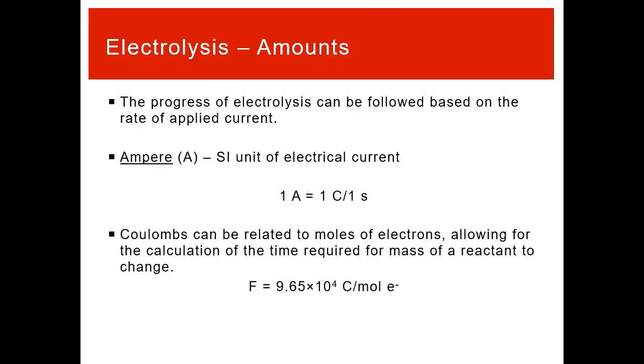Coulombs, the amount of charge, can be related to moles of electrons based on Faraday's constant that we've seen previously, that capital F. So amps is coulombs per second, and Faraday's constant gives you coulombs of charge per mole of electrons. We can combine these to go from time, seconds, into moles of electrons, and from moles of electrons into chemistry, the amount of reactants and products in our chemical reaction.